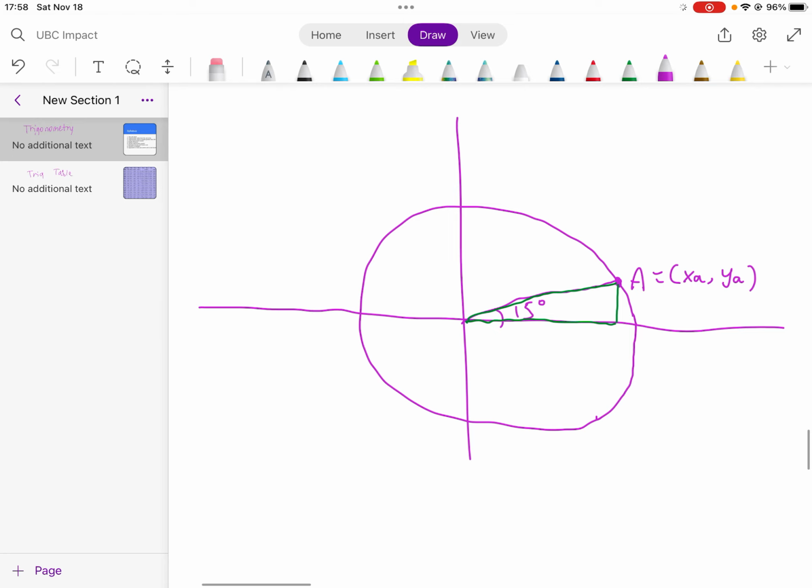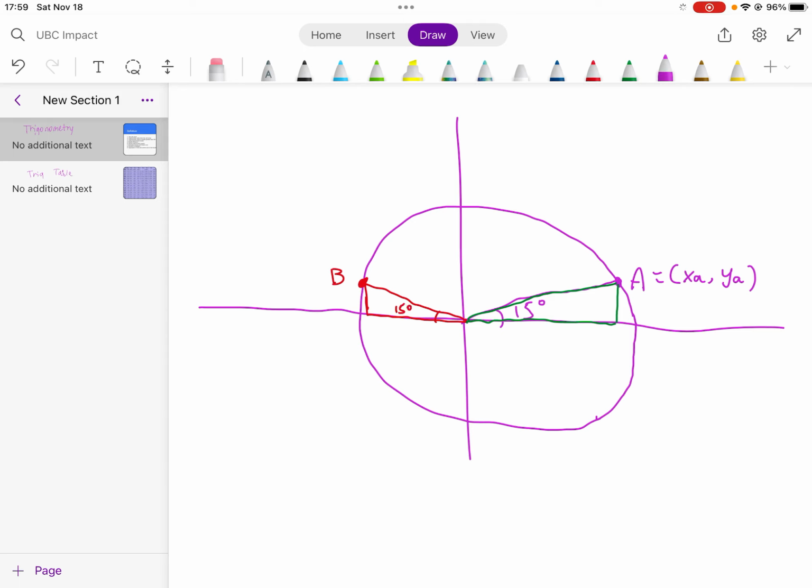Now let's say that we're given another point right here, call that B. And B is not just any random point, it's actually pretty special, because it turns out that if you draw your triangle this way, this angle is 15 degrees.